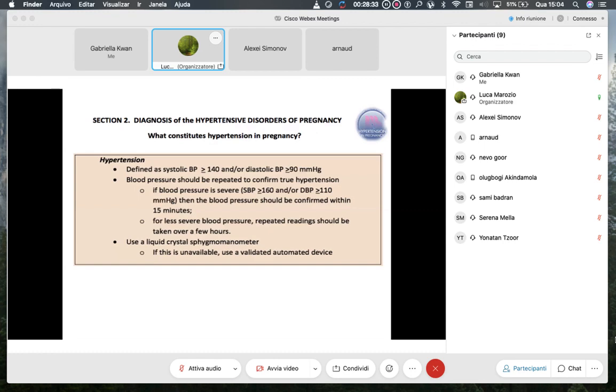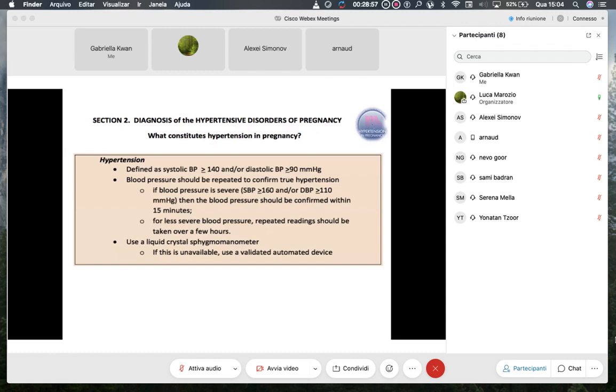One important thing is to use a correct sphygmomanometer. It has to be validated to be used, possibly a liquid crystal sphygmomanometer. Anyway, they must be validated.